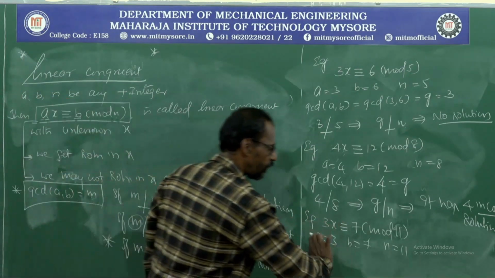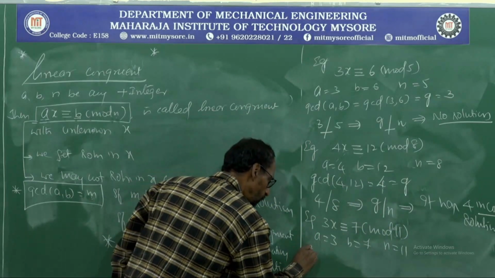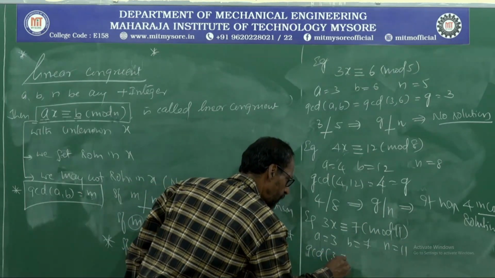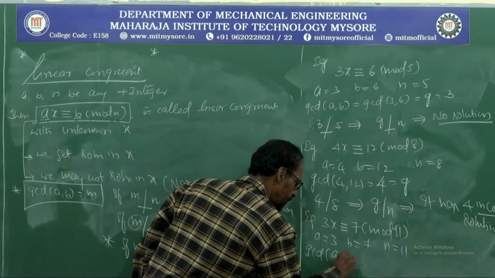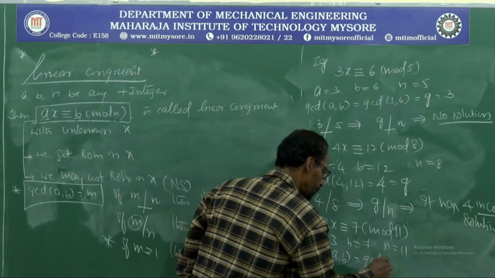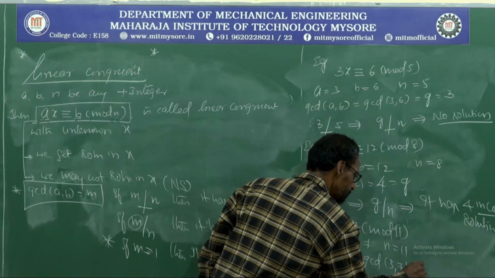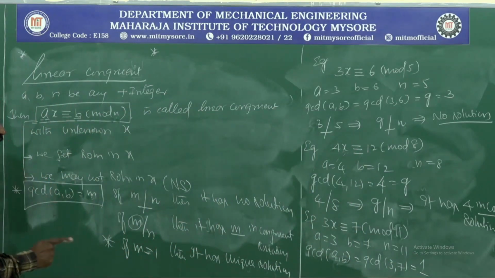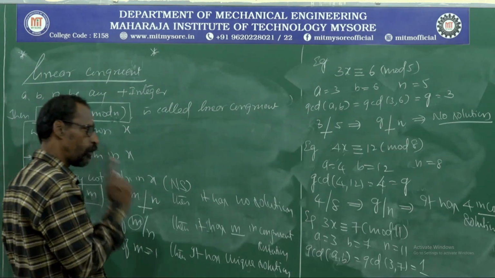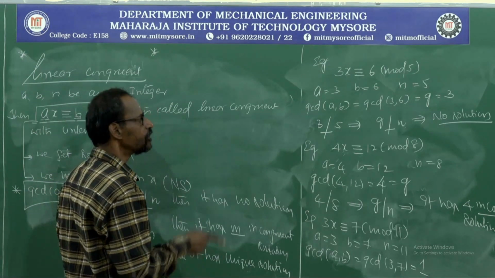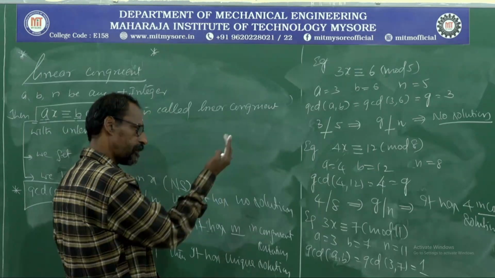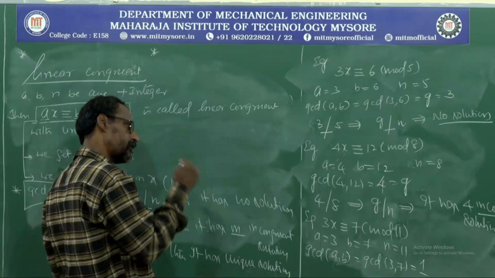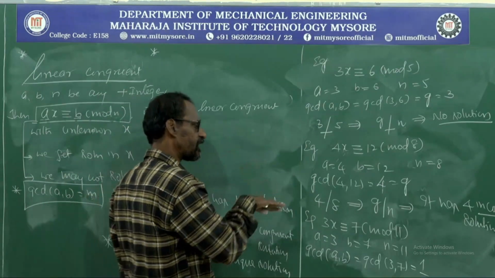I got the 3 value. Now what is the GCD of 3 comma 7? That is the GCD of A comma B. It is going to be 1. Again, in the last class I explained how to find the GCD. Again, there are 2 approaches. One is the classical approach: the greatest common divisor, get all the divisors, get the common ones, get the biggest one. That is the classical approach.